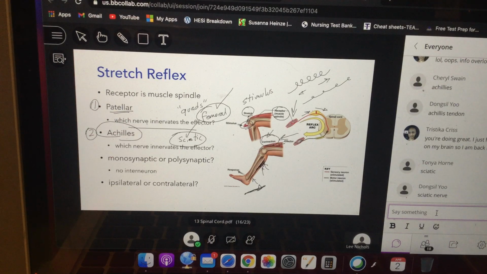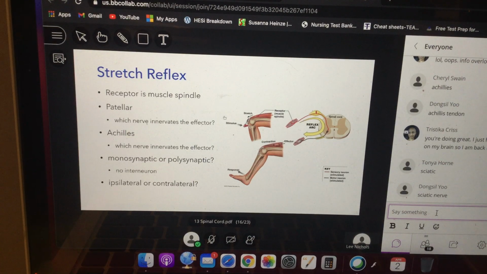All right. Now, if you just look at the diagram, let me remove all my stuff here. Let's look at this diagram. We have a sensory neuron and a motor neuron, and this is true for both patellar and Achilles. Would you consider this monosynaptic or polysynaptic? There is no interneuron.